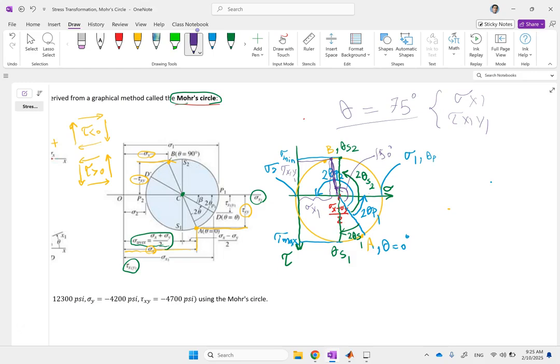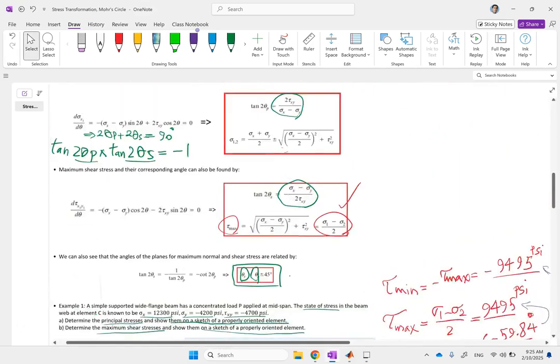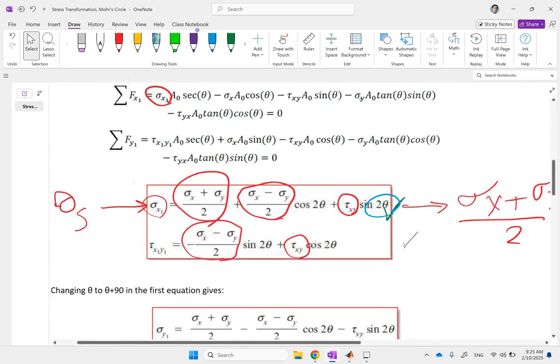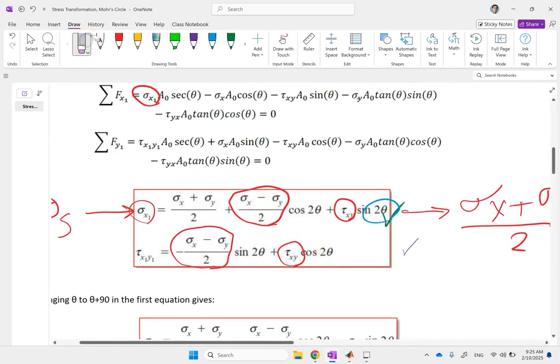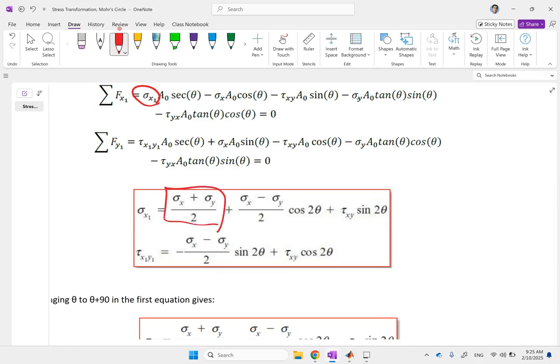Okay? And why this circle is valid the way it is, it's not really hard to show that. Look here. If you wondered how he came up with this beautiful thing, if I take this average and subtract it from sigma x1, you get sigma x1 minus sigma average is equal to, let's call this guy A and call this B. And this 2 theta, just call it theta, it doesn't matter.